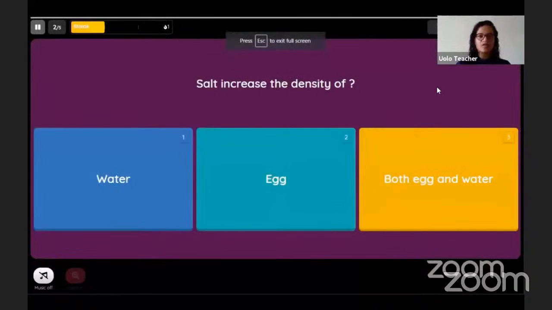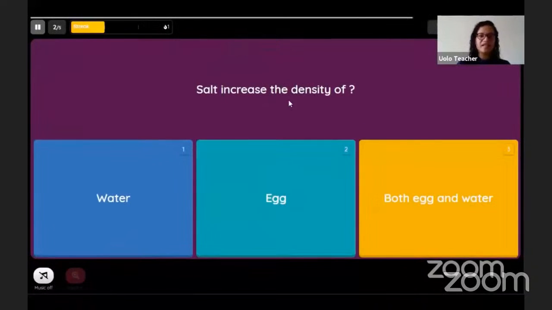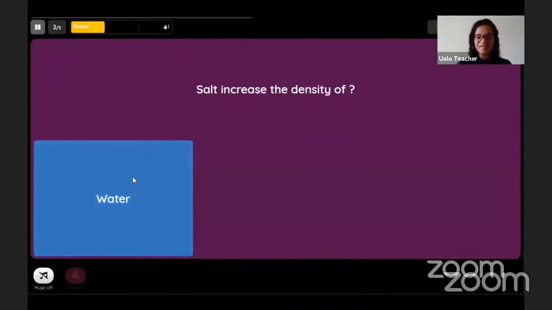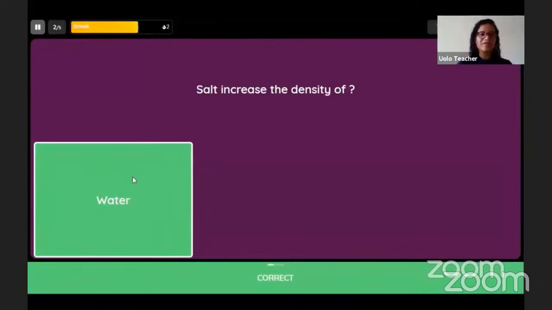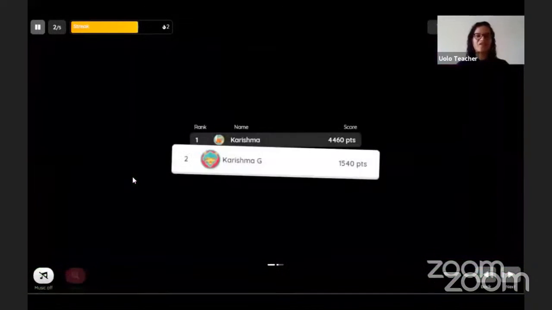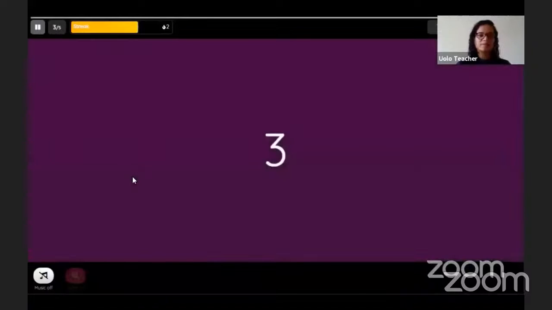Salt increases the density of water, egg, or both water and egg? So we mix salt in. What did we mix salt in? That's right, we mix it in water. So the density of water increases. Very good. Next one.